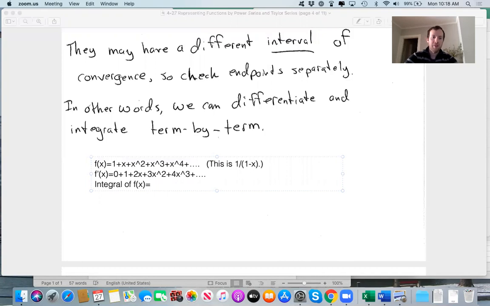And for the integral of f of x, you integrate each of these. So 1 becomes x, x becomes x squared over 2, x squared becomes x cubed over 3, and so on, and then there's this plus c.